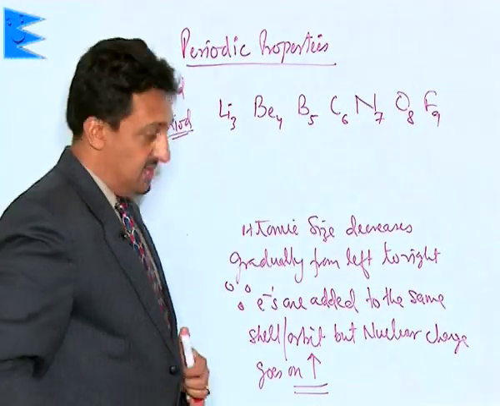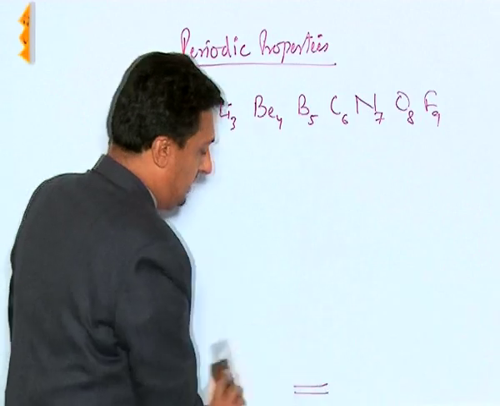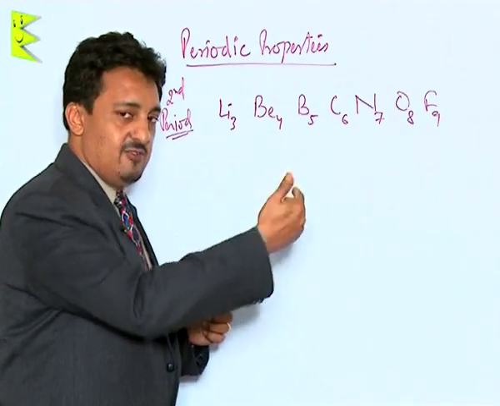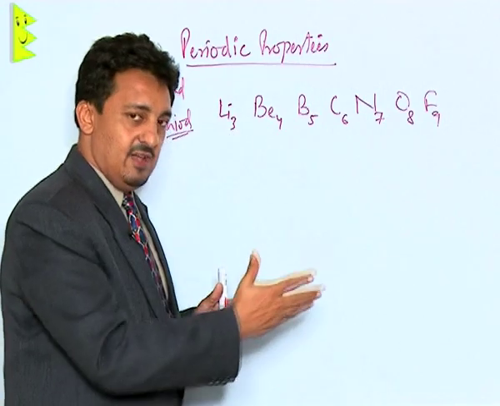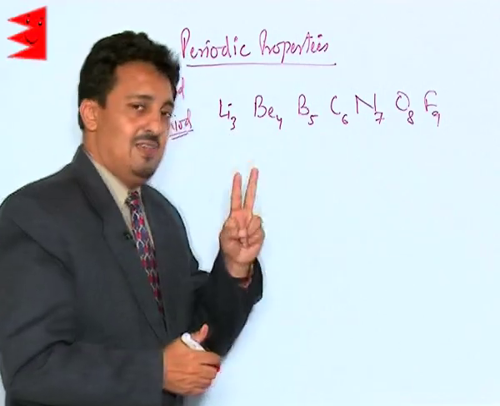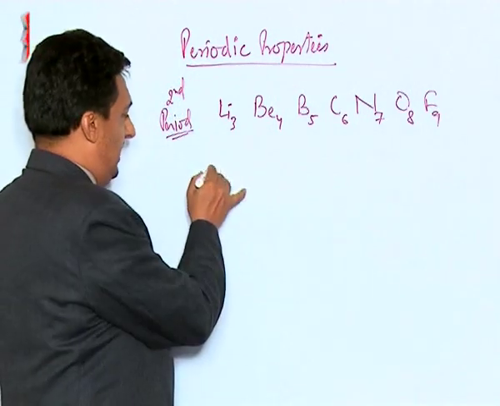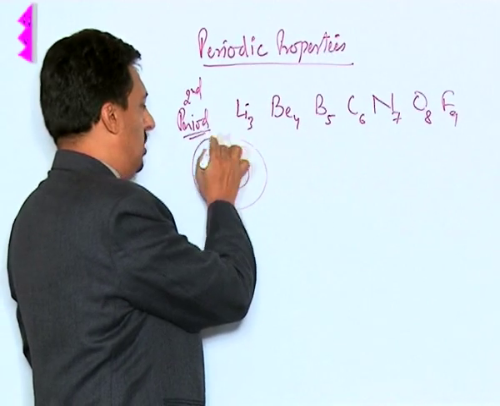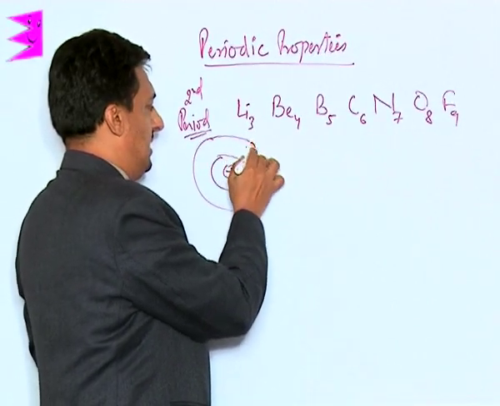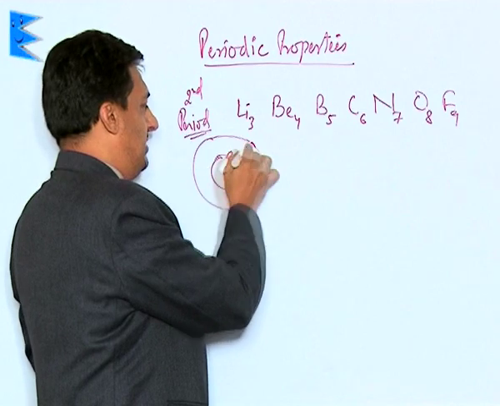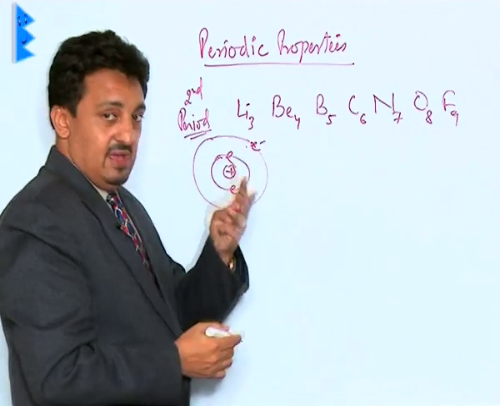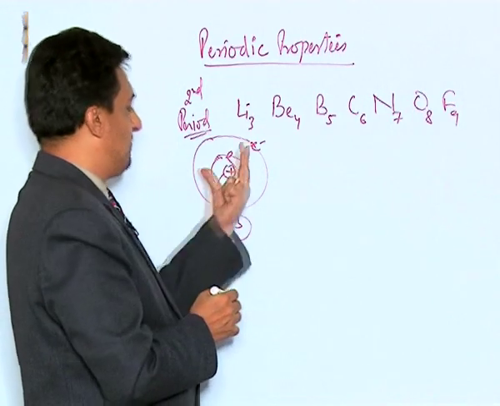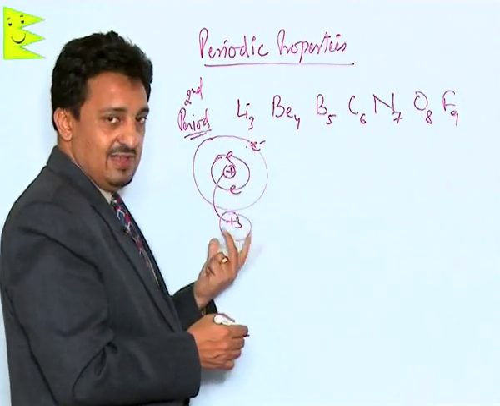Since they all belong to the second period, their valence electrons are entering the second orbit. So all of these have only 2 orbits. Now, lithium has 3 electrons, atomic number 3, and nuclear pull +3. So +3 is pulling these 3 electrons.